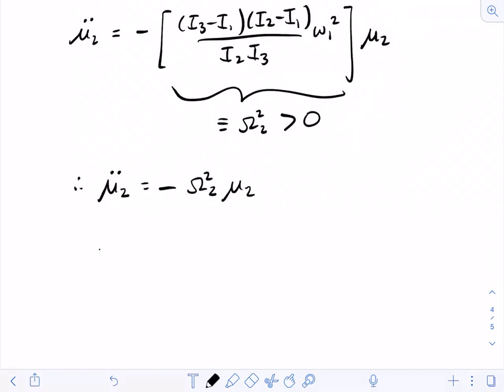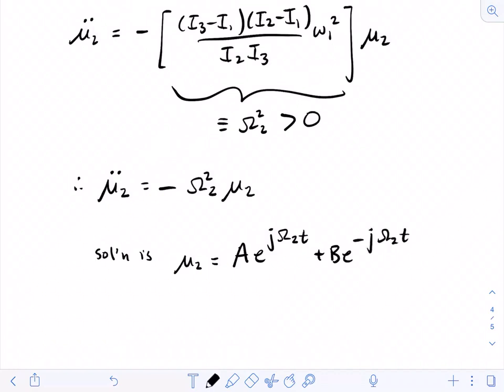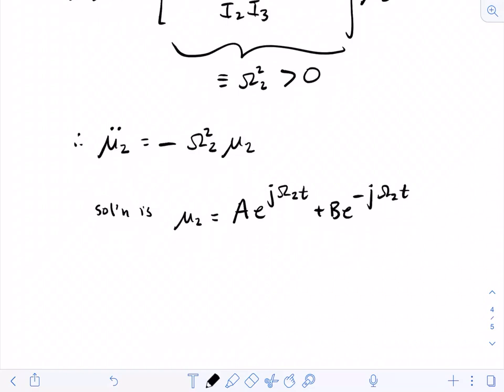And the solution, one way to write the solution, is that mu 2 is equal to some coefficient a e to the j omega 2t plus b e to the minus j omega 2t, where j is the imaginary constant, the square root of minus 1. Let's do a little check.